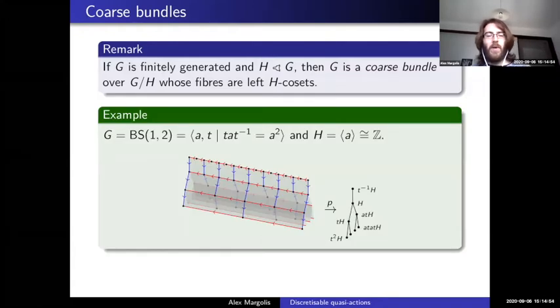So going back to the example of the Baumslag-Solitar group with the almost normal subgroup H, what I've got here is a picture of the Cayley complex of the group, and you can see these squares with 5 sides correspond to conjugates of the relation. And these horizontal red lines are precisely cosets of this subgroup H. And the idea is you can see the quotient space G over H inside this by looking at the horizontal red lines and looking at the Hausdorff distance between them.